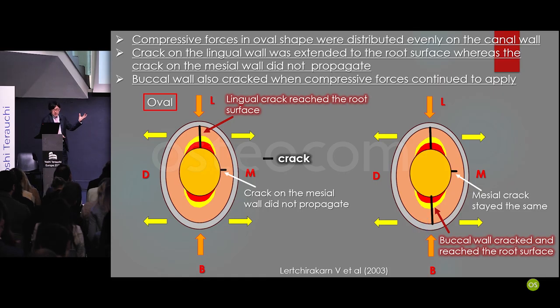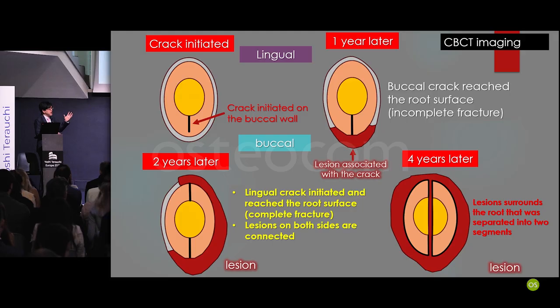They will develop, resulting in vertical root fracture. But it takes lots of time, 2 to 3 years on average. Whenever you see the initial crack, don't leave it. Just remove it. And maybe you put composite. If you don't do that, it will take 3 to 4 years before you see the vertical root fracture.